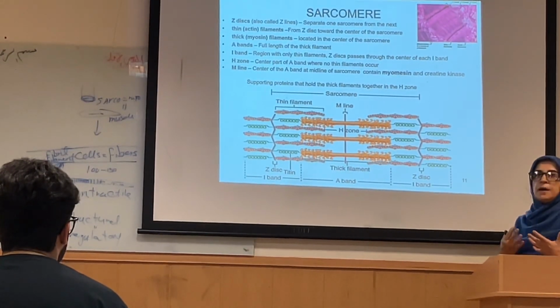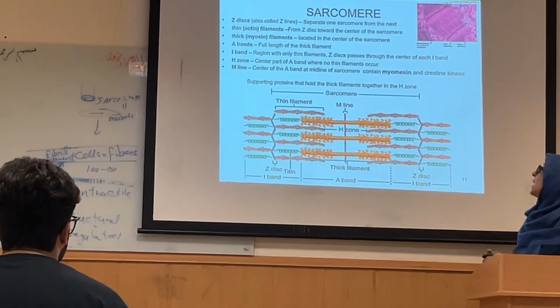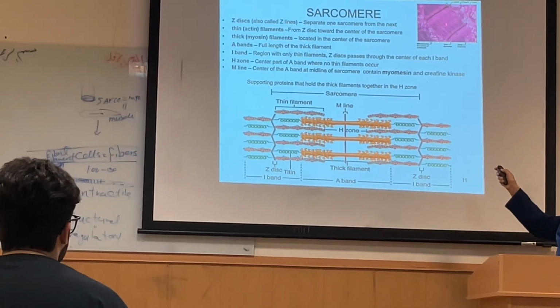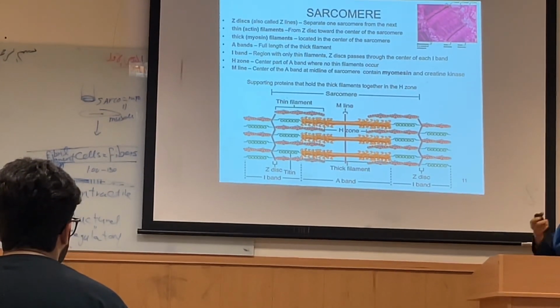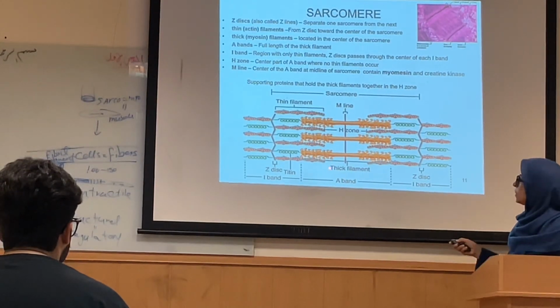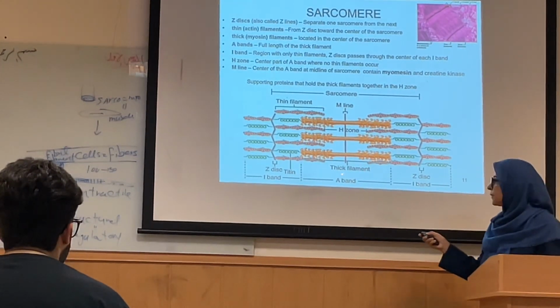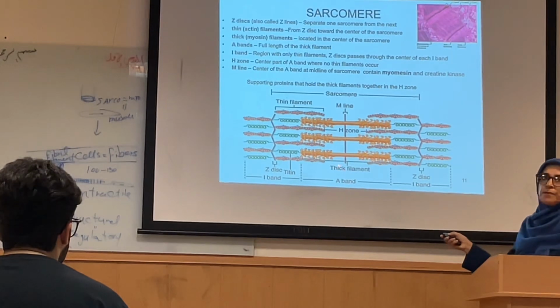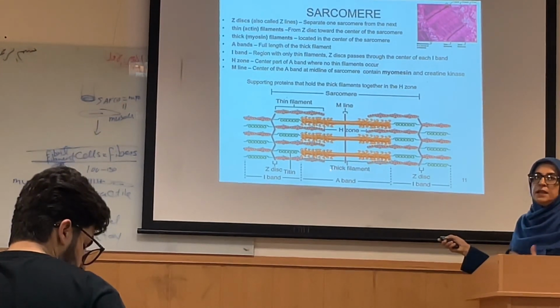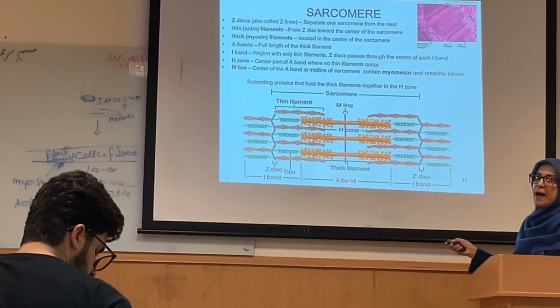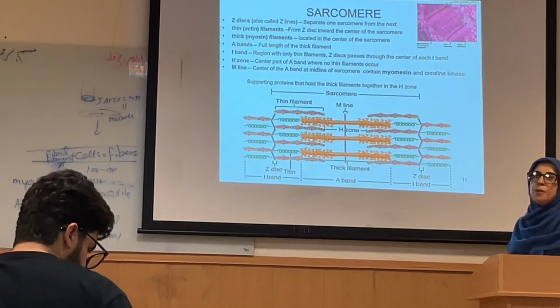When we see them under the microscope, we can see dark and light lines. The dark line includes the thick filaments here. In physics and also in physiology, mostly they use the A band, anisotropic.